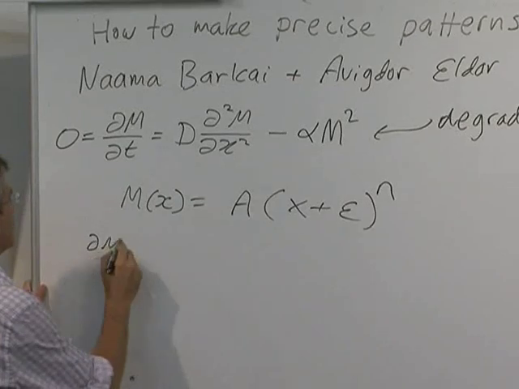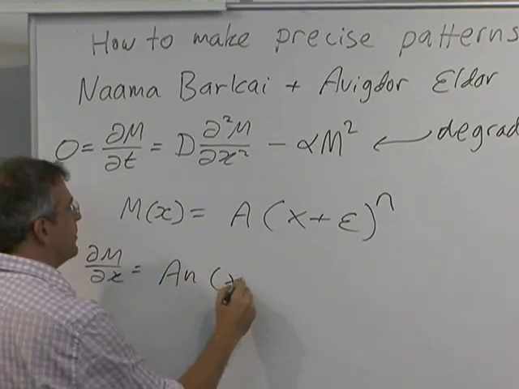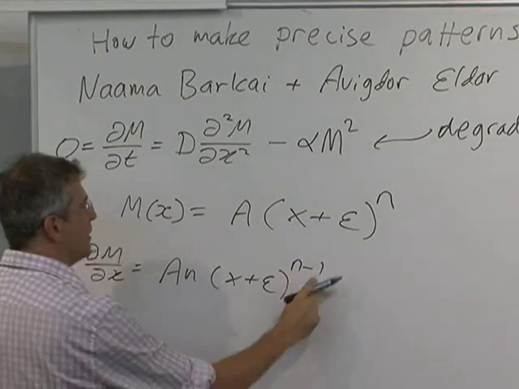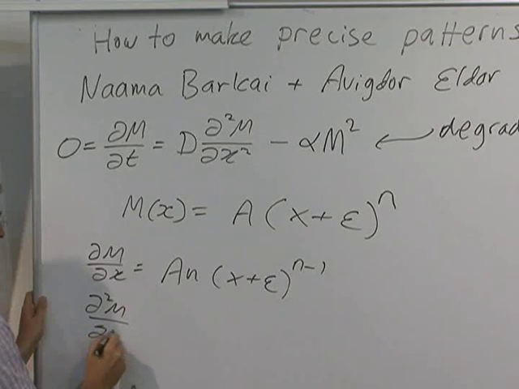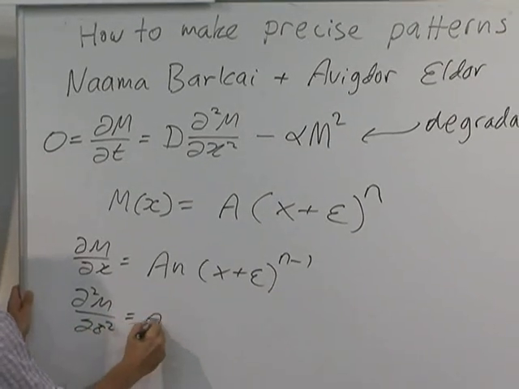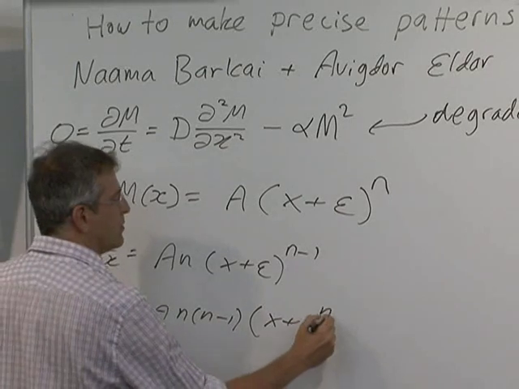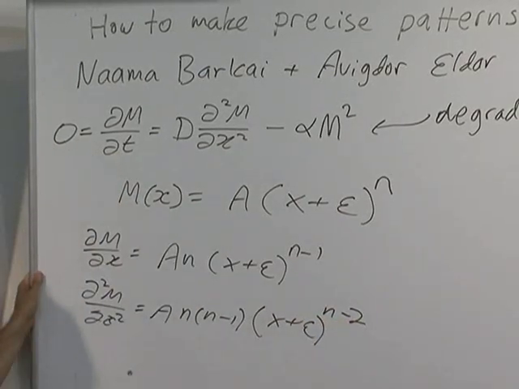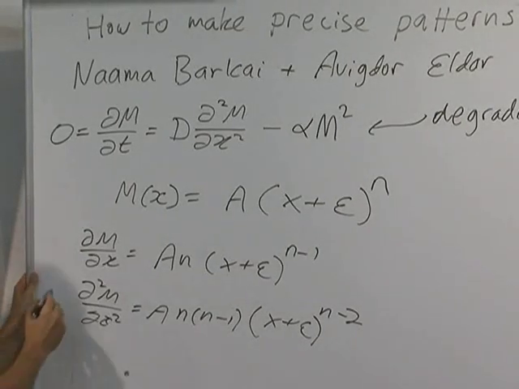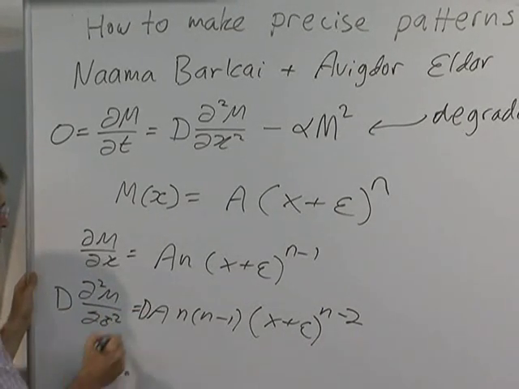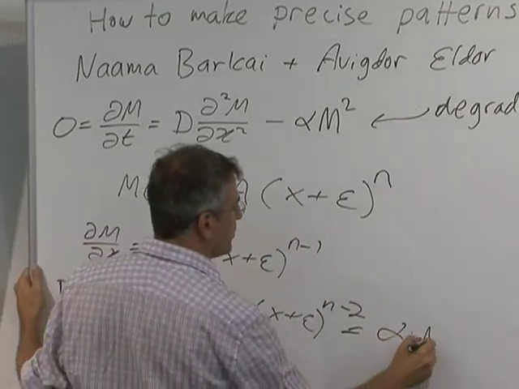So dM/dx is, you remember when you differentiate a polynomial, you have n minus 1, and the n goes here. And when you do it again, the n minus 1 goes here, and here you have n minus 2. So D times this needs to equal alpha M squared.